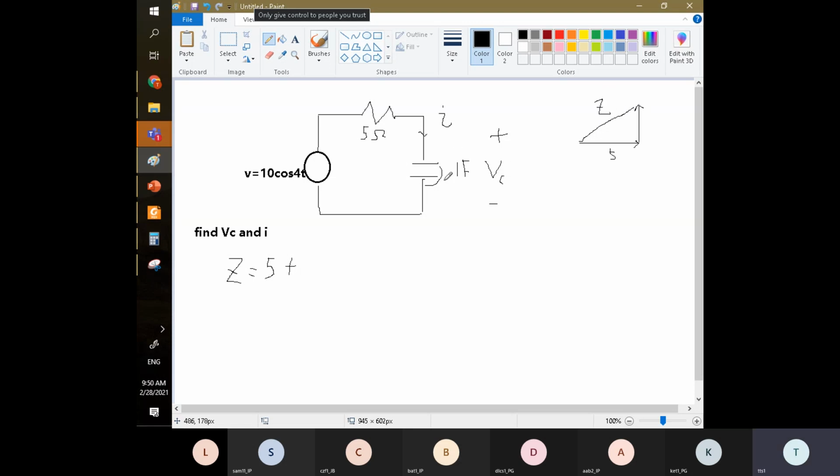And this we call the XC, for this capacitor here.